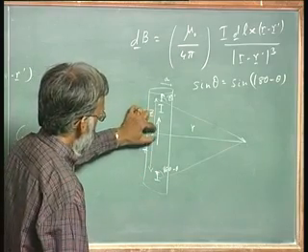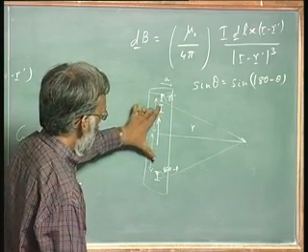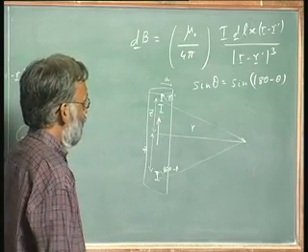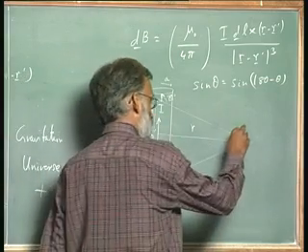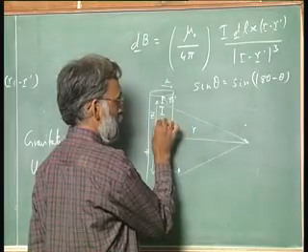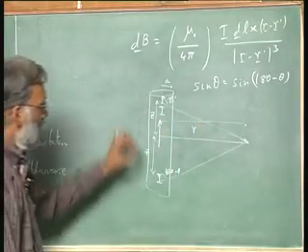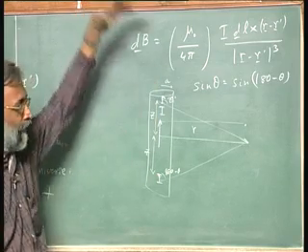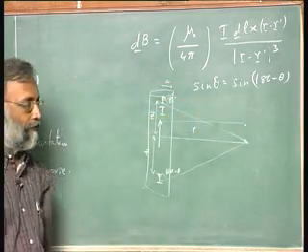So, I just take pairs of points, pairs of ideal, and keep going to the top and the bottom, and I will get some number going into the board. Now, if I choose a point slightly above, well, the same argument will hold, and if the wire is long enough, I will get the same answer for the magnetic field.